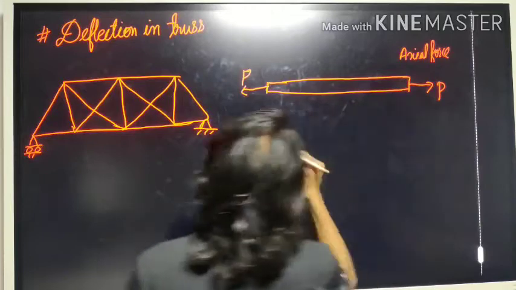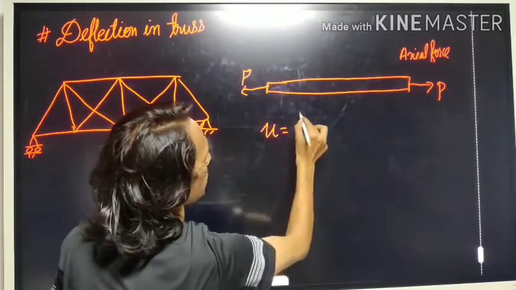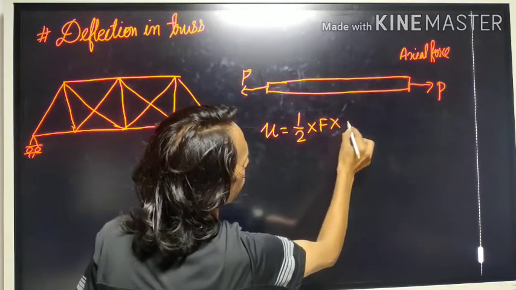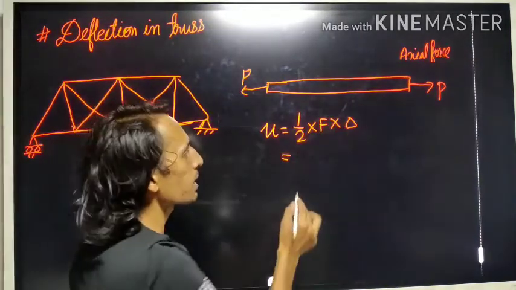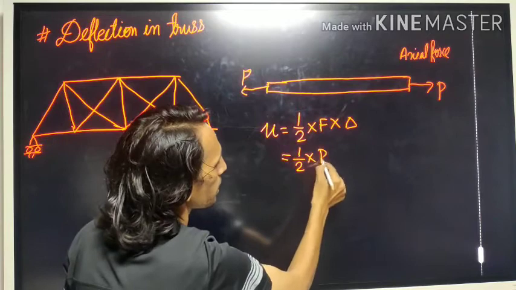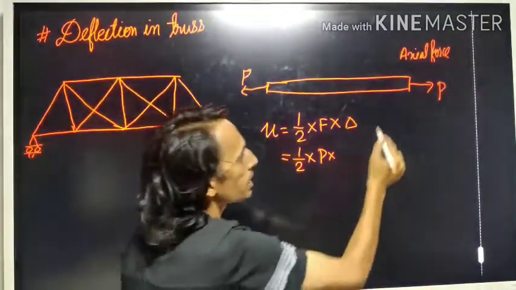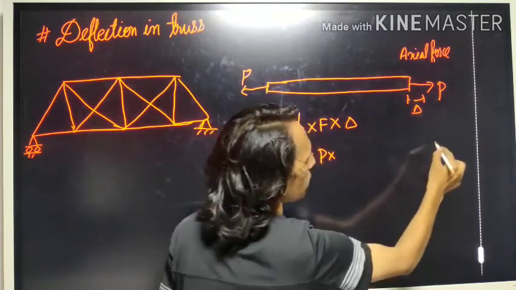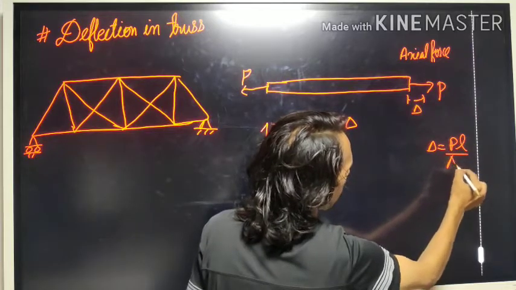So the strain energy is half into force into deflection. What is the value of force? That is P. So half into P into delta. If there is some deformation delta, then we know that the value of delta is PL divided by AE.